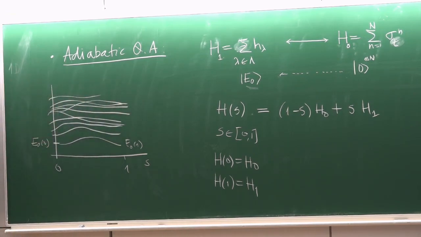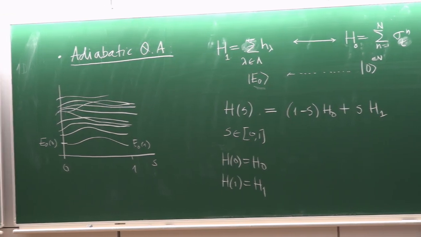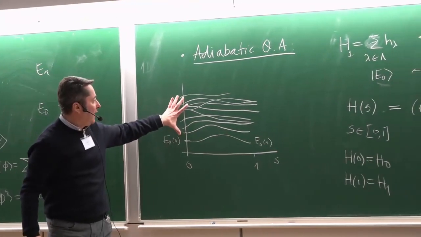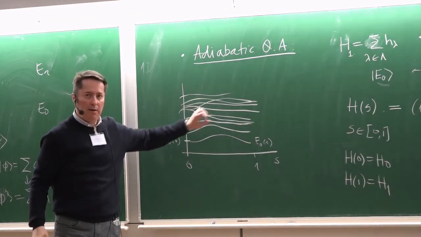It will be a complete mess because we have exponentially many eigenvalues in n. So there will be many together.